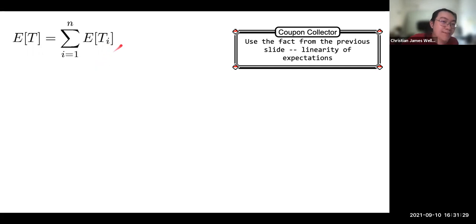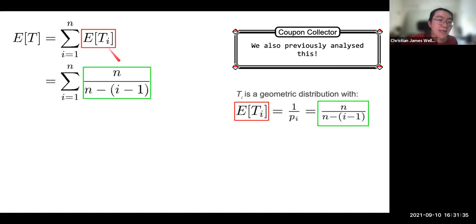By the fact from the previous slide, we use linearity of expectation: the summation of all the individual expectations. Now remember, we have computed this as well. Expectation of Ti is precisely this thing. We computed this a few slides ago. So what I do here is just substitute one into the other.